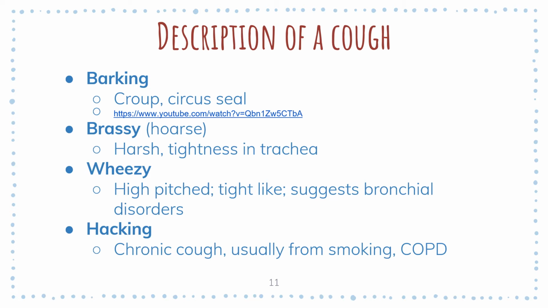And when they cough, because everything is narrow and swollen, they have this barky cough. If you Google X-rays of the neck and look for a steeple sign, you'll see that in kids who have croup.